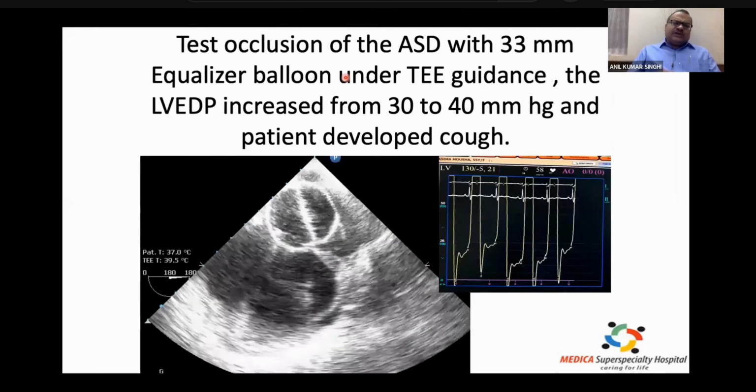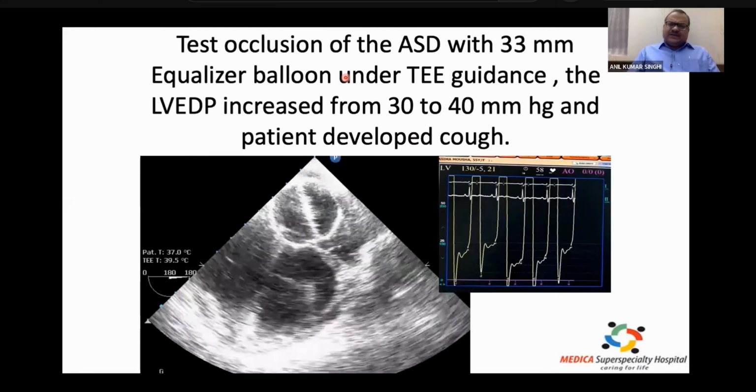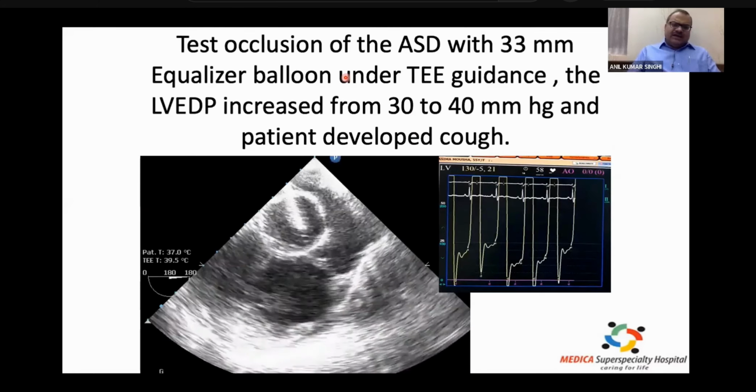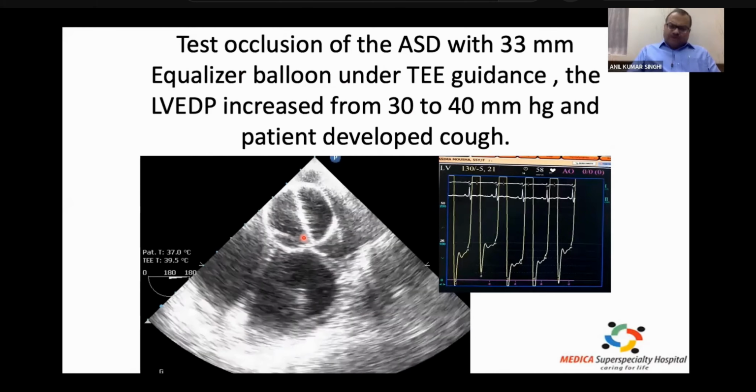We decided to test occlude the ASD with a 33 millimeter equalizer balloon. And here again, the TE was helping to know whether we have stopped the flow across. The LVEDP, which was 30, jumped to 40 and the patient developed symptoms. So you can appreciate the very high LVEDP in that patient.